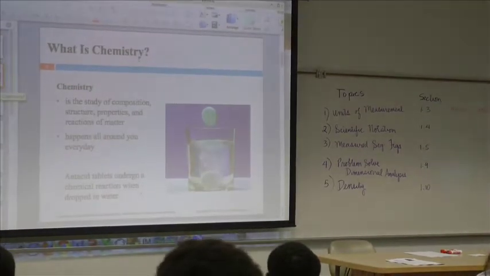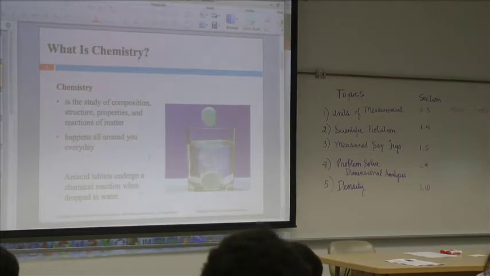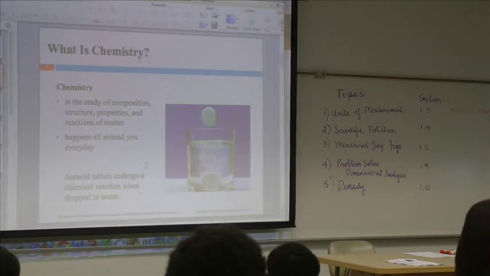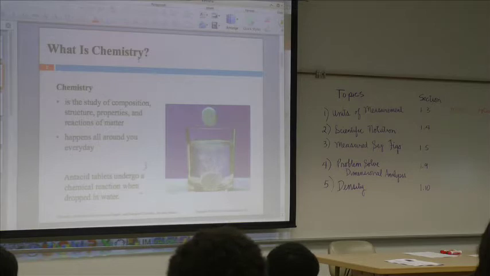So chemistry is the study of the composition, structure, properties, and chemical reactions of matter, anything that has mass and occupies space. It can be a physical property or a chemical property and a reaction.